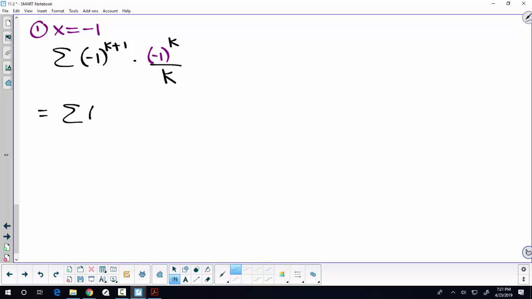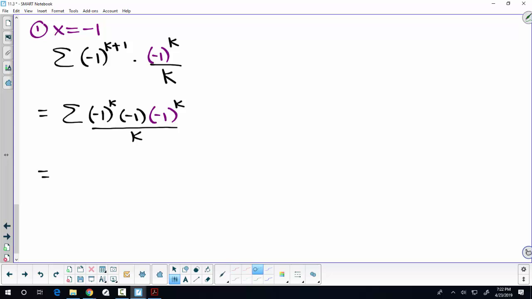We have -1 to the k times -1 times -1 to the k all over k. So the -1 to the k times -1 to the k, we can put those -1s under the k. It's just -1 times -1, all to the k. It's +1 to the k. 1 to the k is always 1. This k is 1, 2, 3, 4. It's 1 to the first, 1 to the second, 1 to the third, 1 to the fourth.